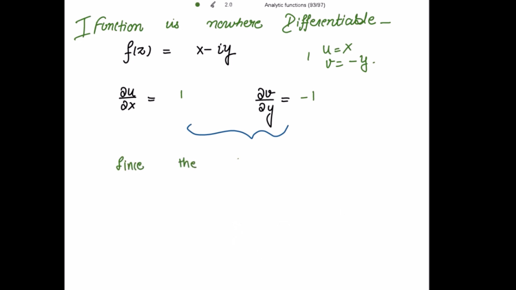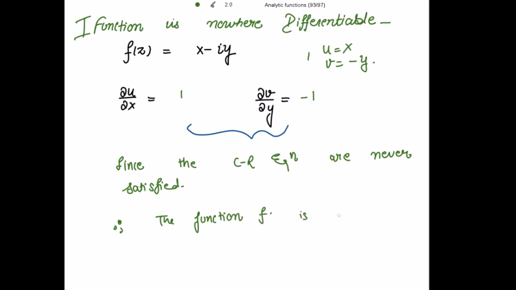Since the Cauchy Riemann equations are never satisfied, therefore this given function f is nowhere differentiable. So we are saying that if Cauchy Riemann equations are not satisfied, the function is nowhere differentiable.